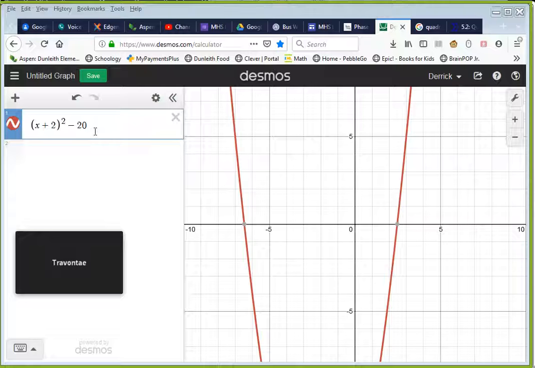The standard form has x minus some number h, so if h is -2, I've got x minus a -2. Do you agree that x minus -2 is x plus 2?